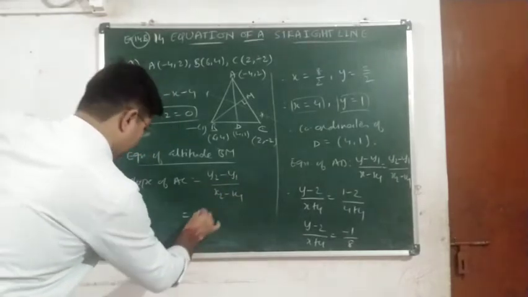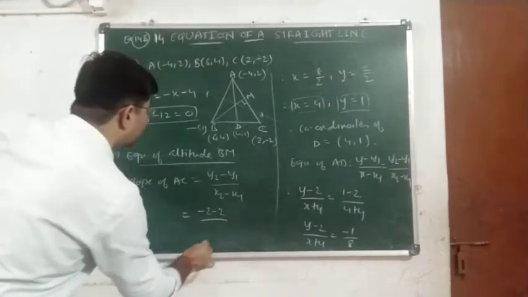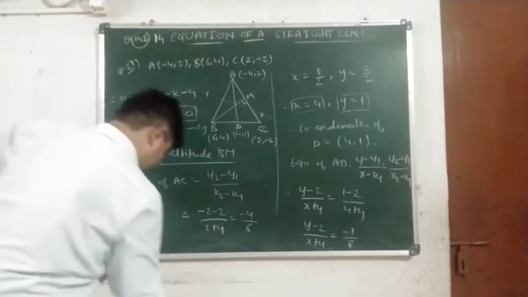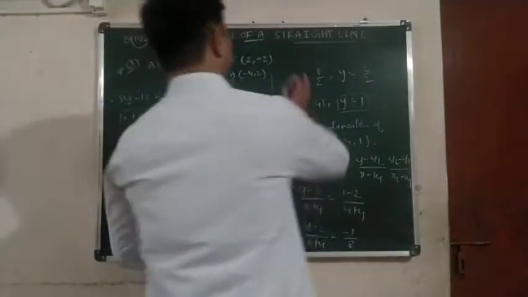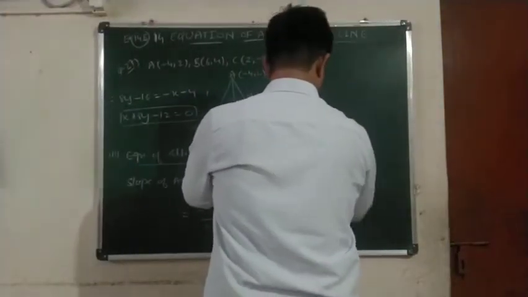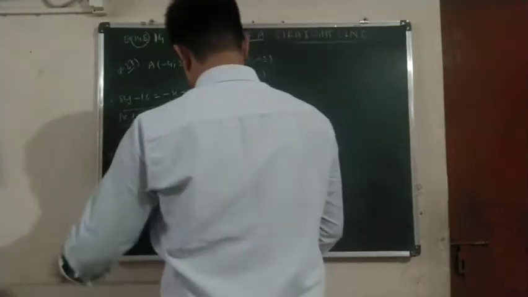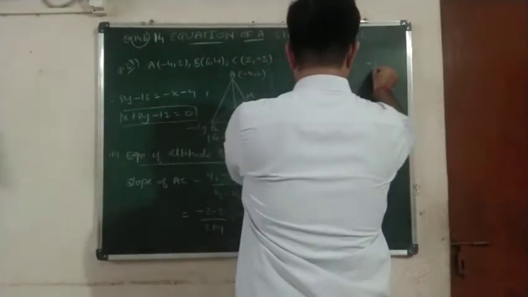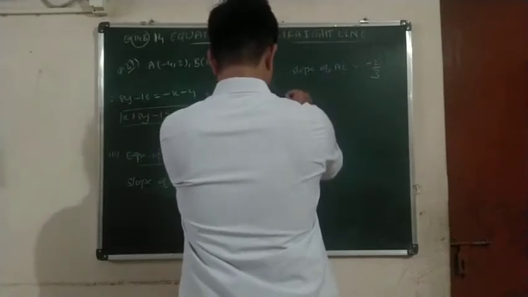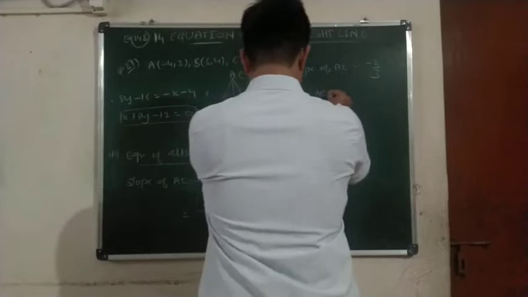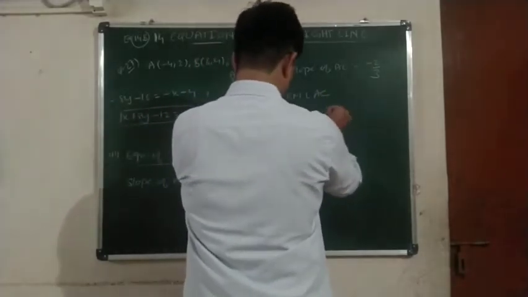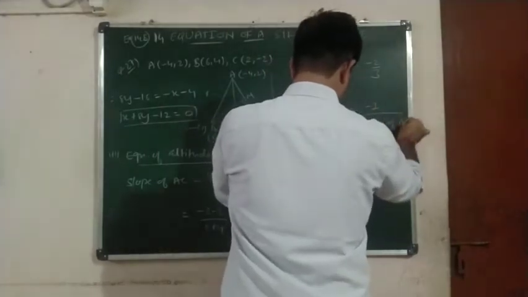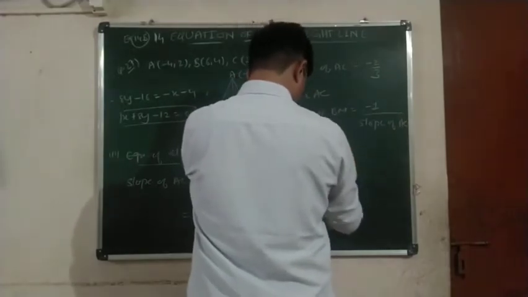A and C, minus 2 upon... BM is perpendicular to AC and therefore slope of BM equals -1 upon slope of AC equals 3 upon 2.